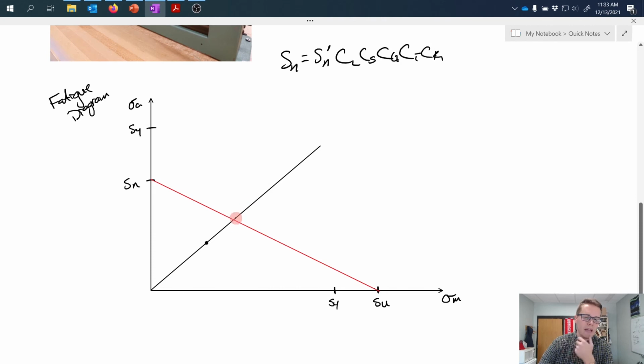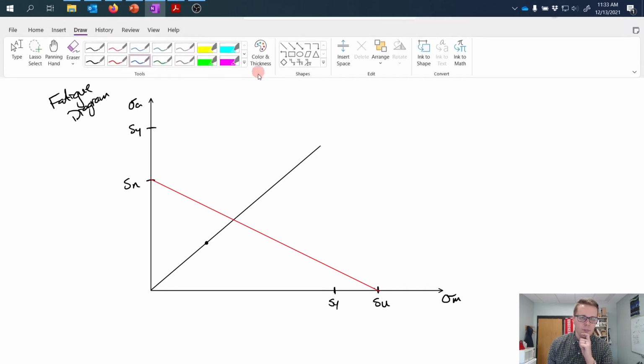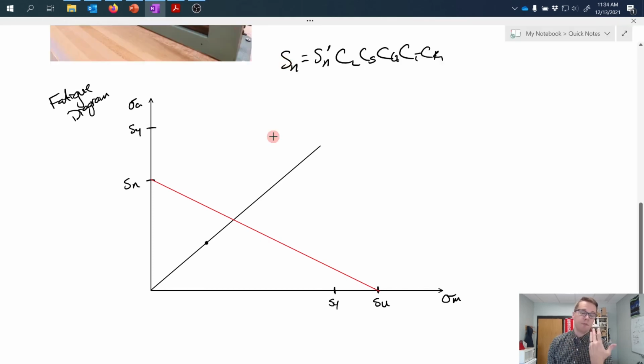So if we go past that point, we could expect failure. Now we need to be a little bit careful though, because through the combination of these various types of stress, we might also just fail statically. Maybe perhaps we fail before we ever see any sort of fatigue. And therefore, we need to remember to include the yield line.